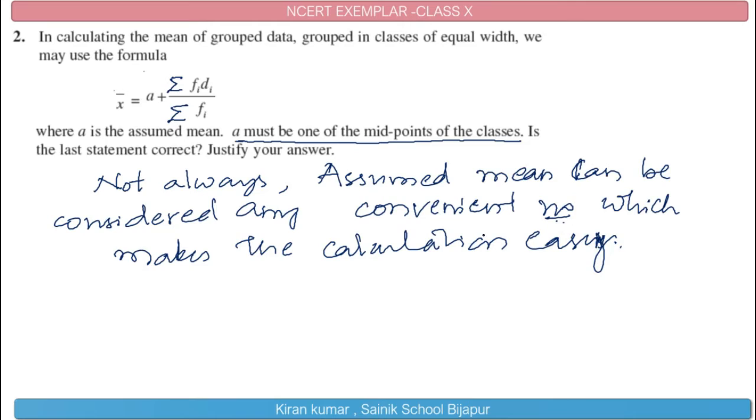It can be any number. The basic reason why we take the assumed mean is that the calculation becomes easy.